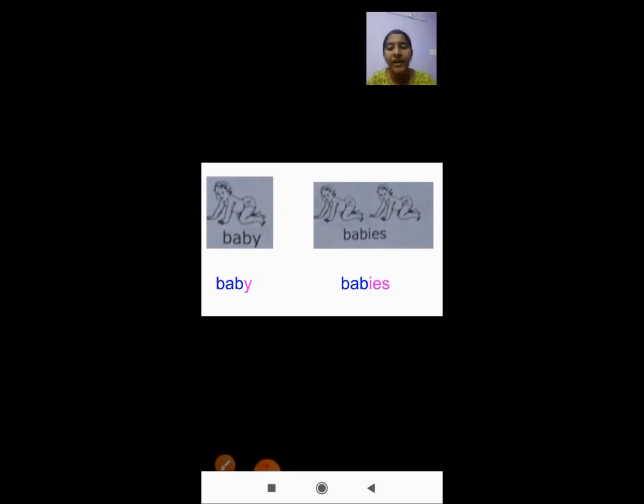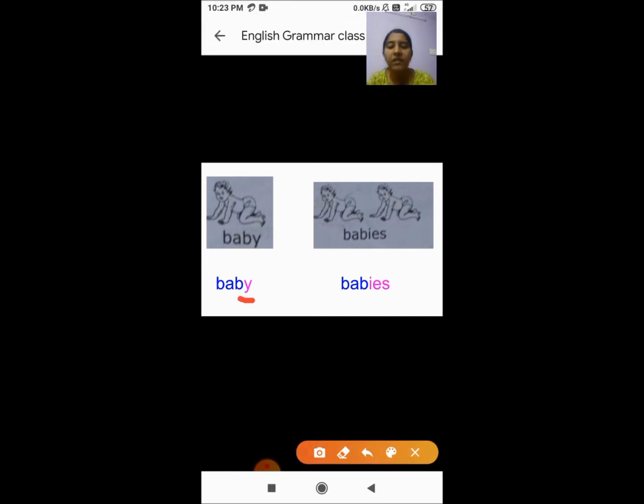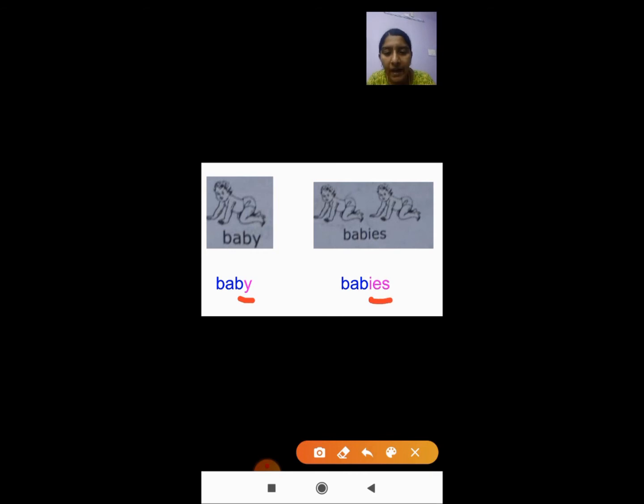Now the third one is baby, babies. Whenever you see a Y at the last of any word when you are writing singular and plural, we are going to change it to IES.